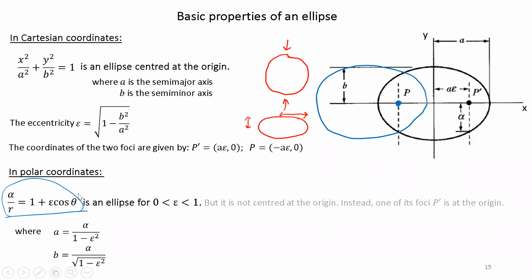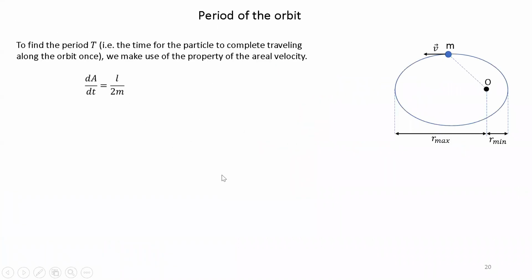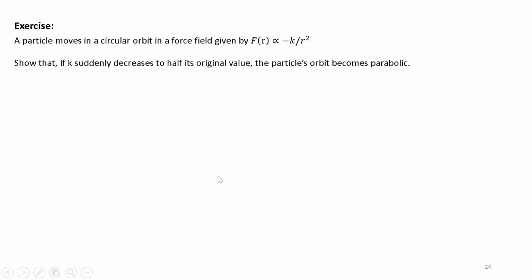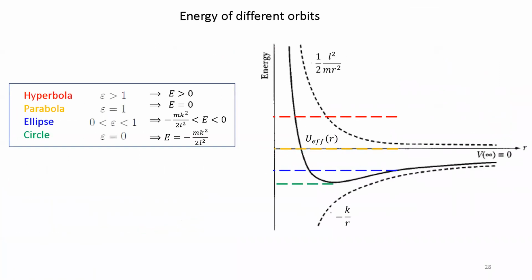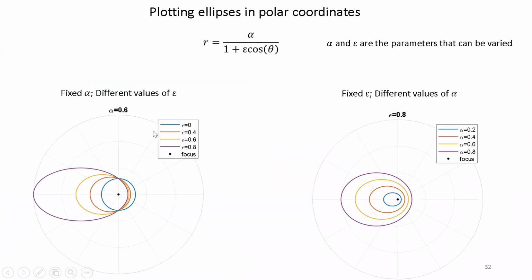So with this, I want to show you a few pictures that I drew using the computer. You can see that. This is the same equation I have. If I fix this alpha value and change the eccentricity, you can see that the blue one is the case where epsilon is 0.